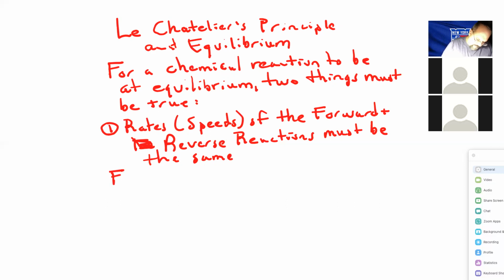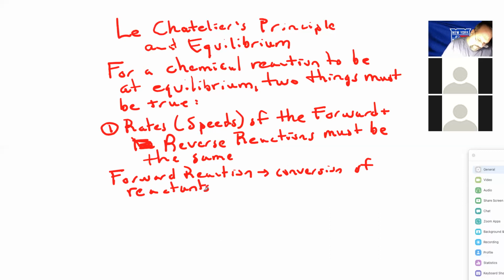Now, when we talk about the forward reaction, we talk about the conversion of reactants into products.